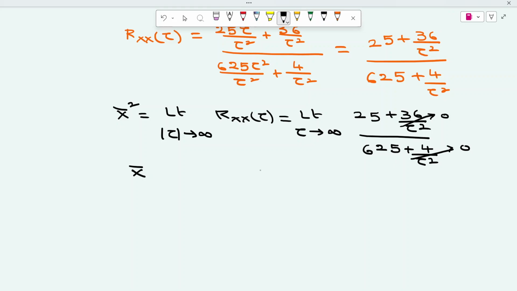So the mean value square of x will be simply 25 by 625, which is 1 by 25.